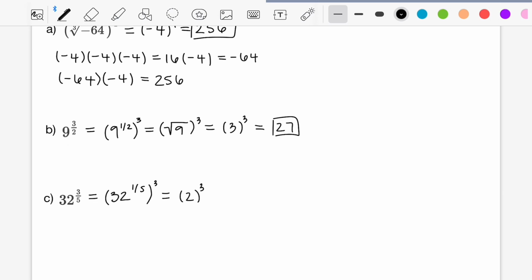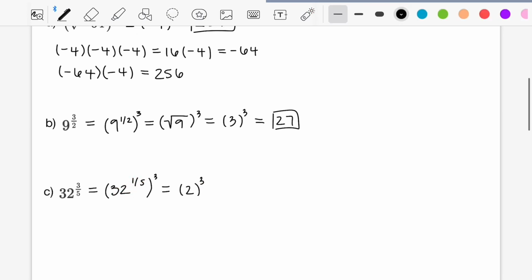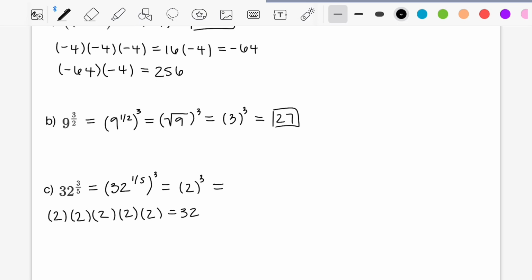So inside our parentheses, we get 2, and then we have this cube on the outside. And again, this is because if we multiply 2 5 times, we'll get 32. So taking 2 cubed, we'll get 8.